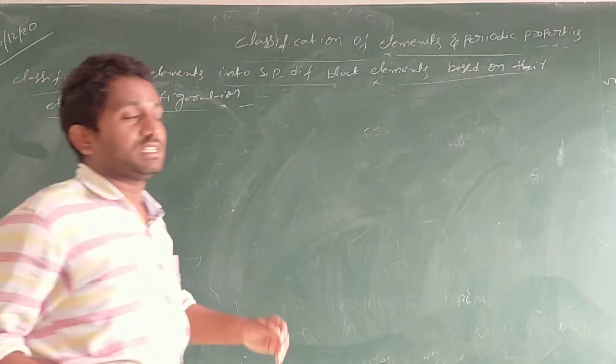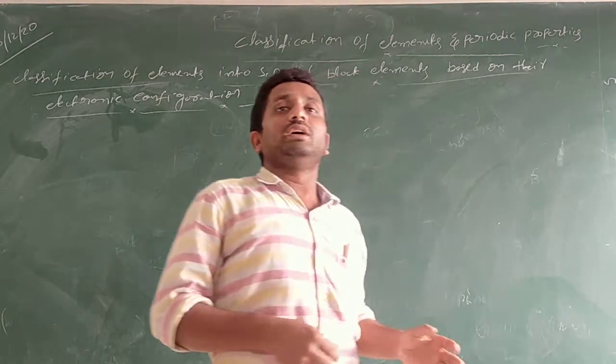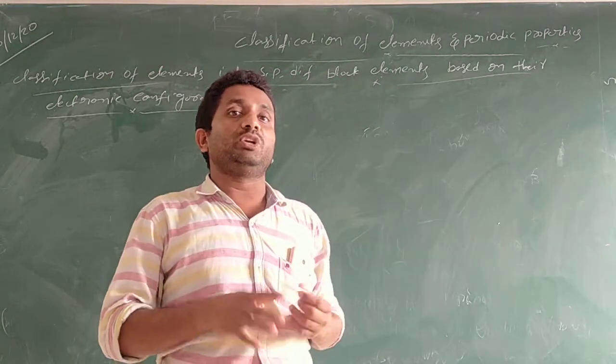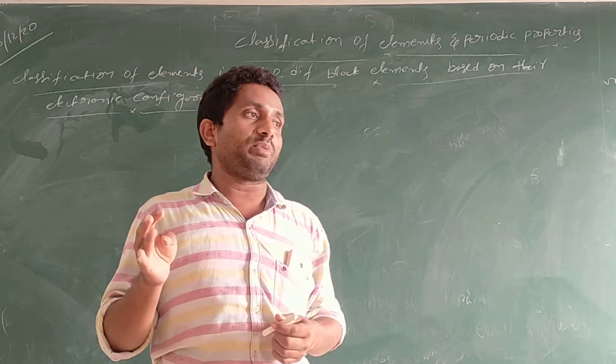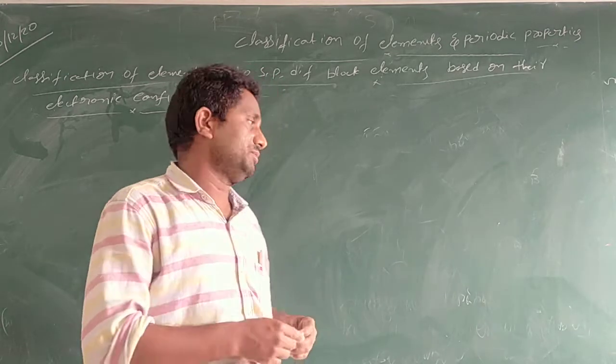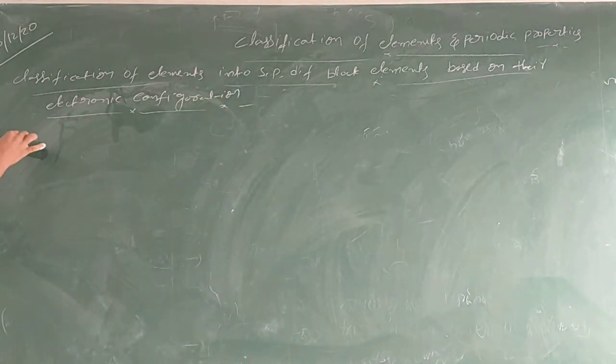Already we have been discussing that the periodic table is classified into 4 blocks: S block, P block, D block, F block. So, this is a diagram.